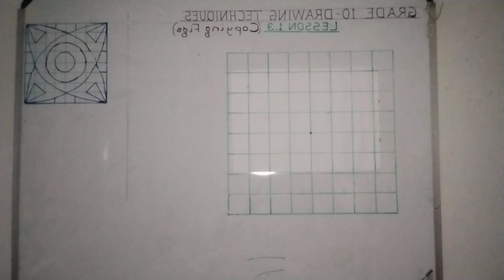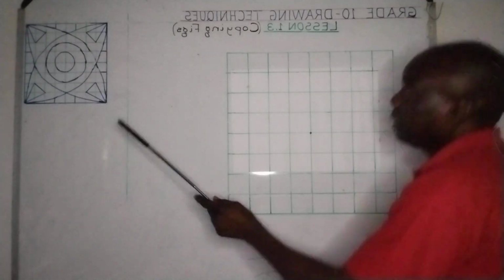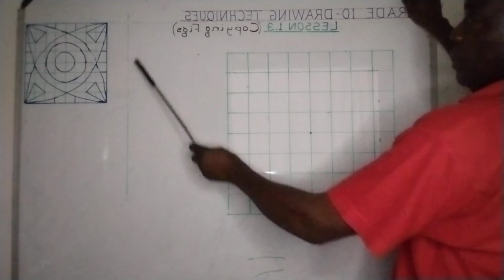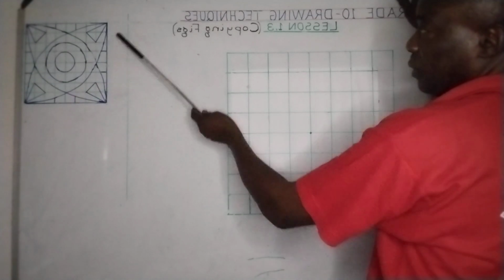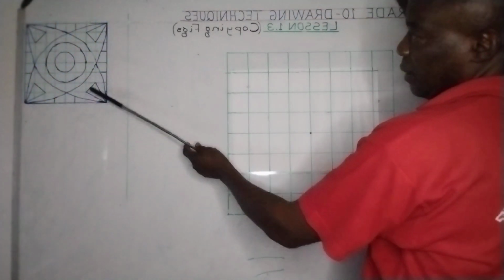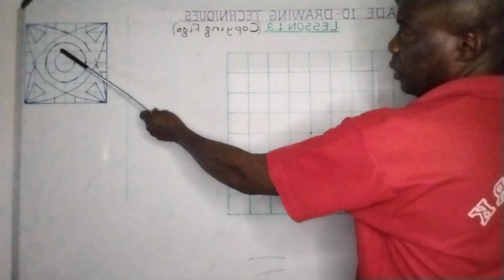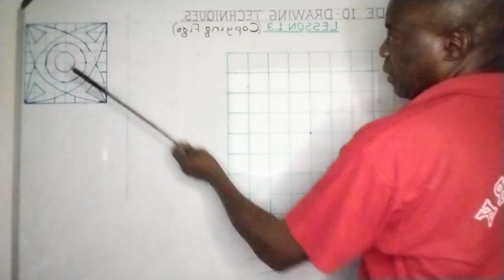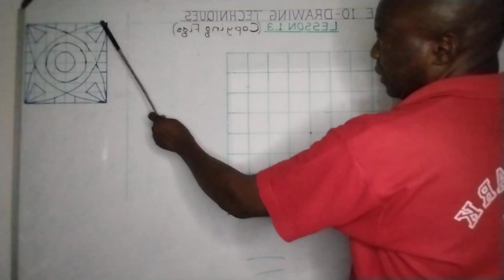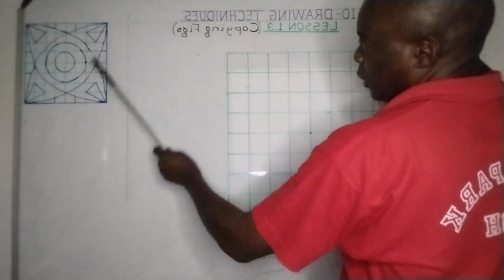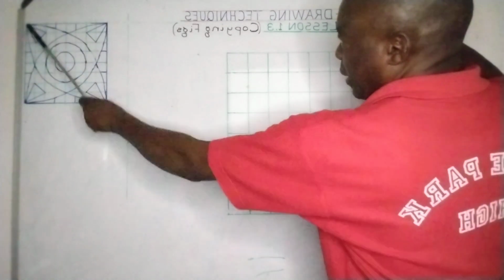So as you can see, this figure is made up of different geometric shapes. To start with, we've got circles, this one and that one, and we also have arcs, 1, 2, 3, and 4.